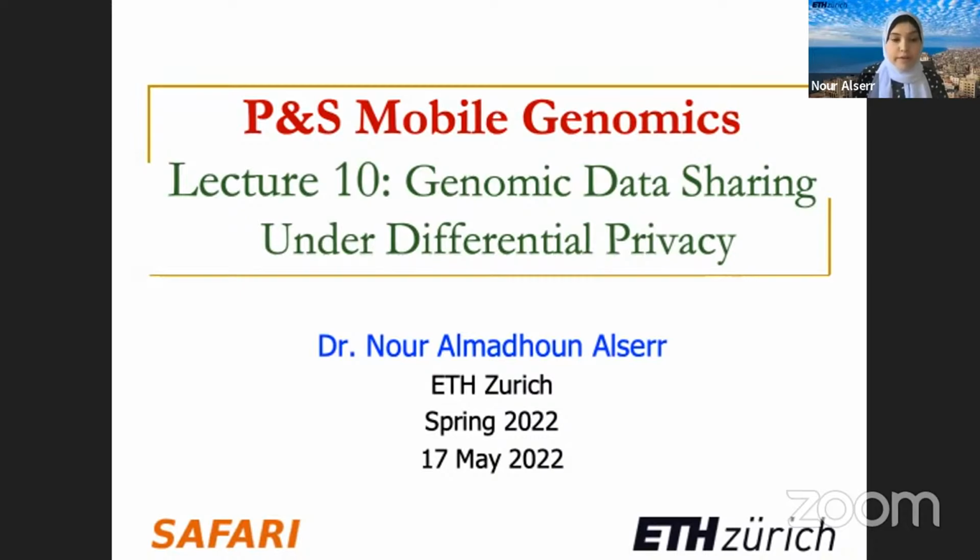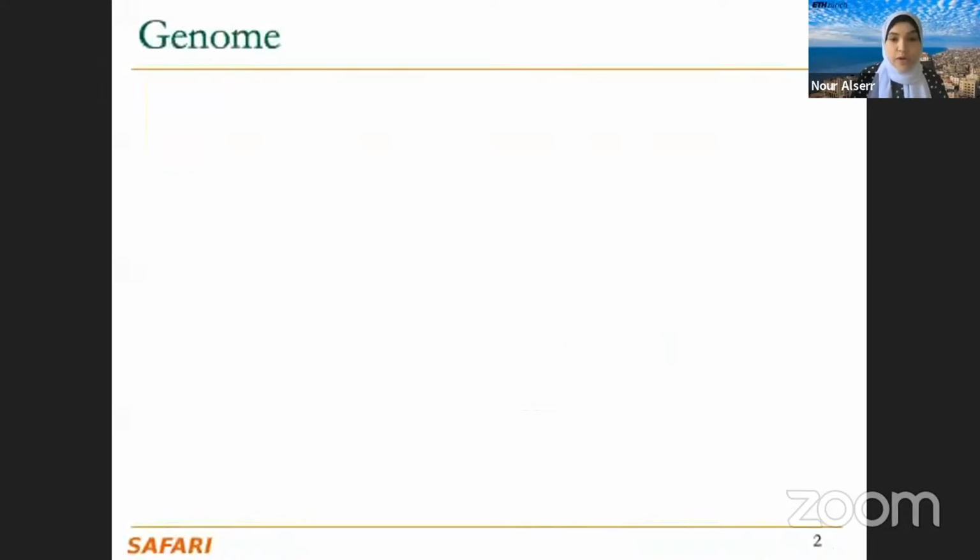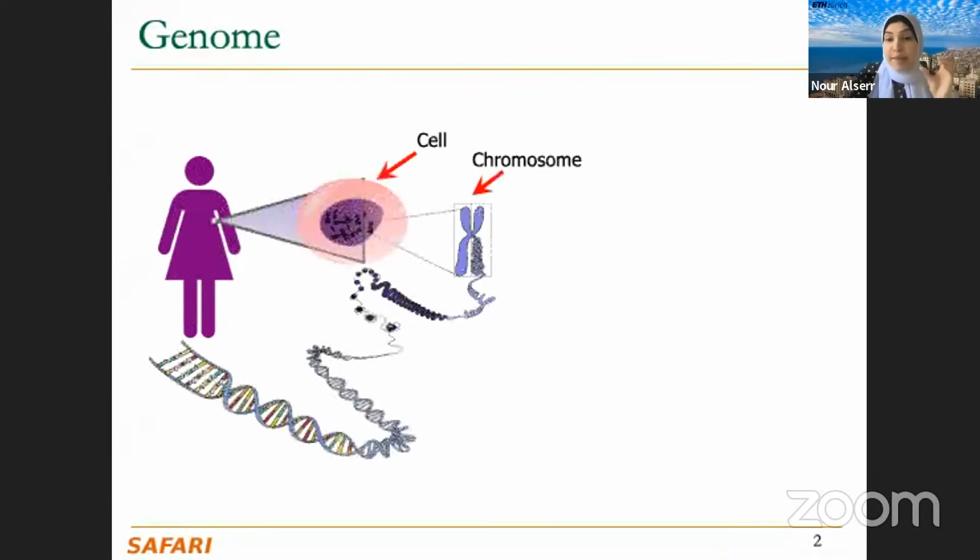So let's get this started. I think all of you are familiar with this, but let me briefly summarize some background information about the genomic data, and let's refresh your information. So inside each and every cell of your body, there is a code, okay? Again, this code is code of instruction for life.